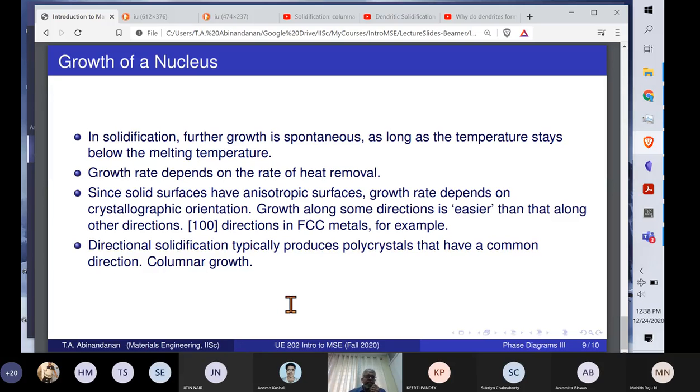And since solid surfaces are anisotropic, the growth rate depends on crystallographic orientation. So in the case of solidification, the growth of the solid along some directions is easier than growth along certain other directions. In FCC metals, for example, the 100 directions happen to be easier. And this leads to the formation of dendrites.